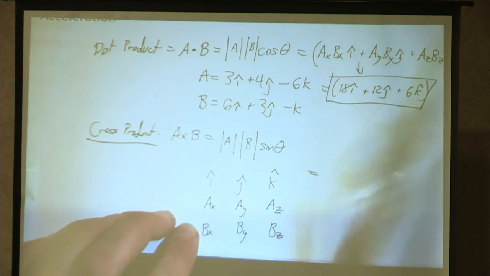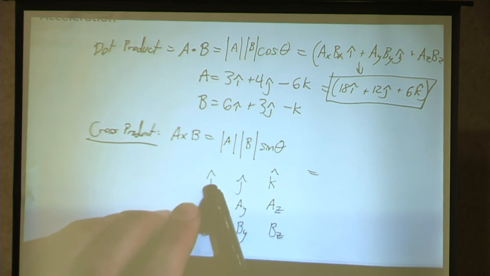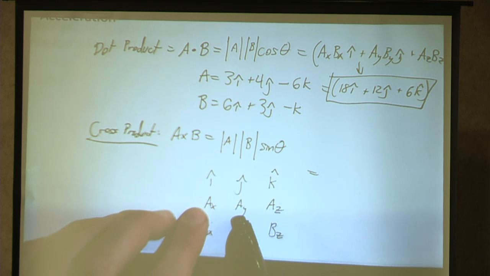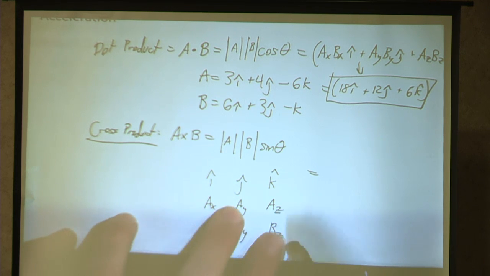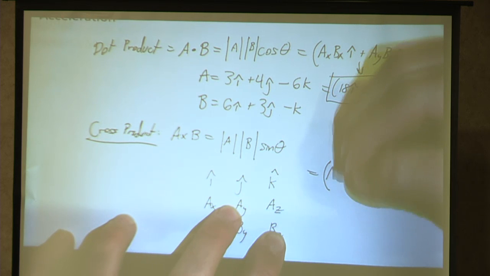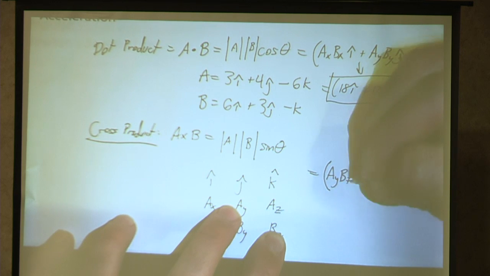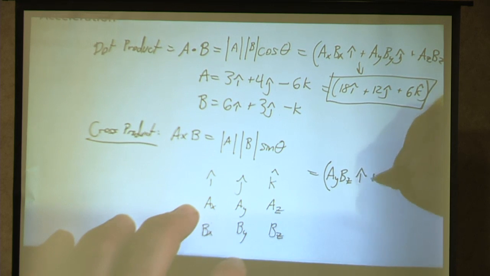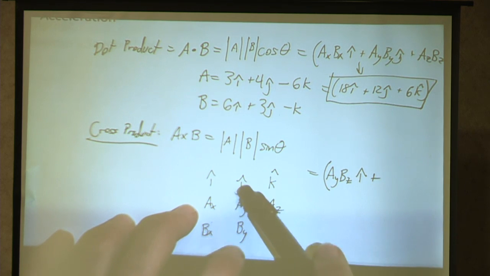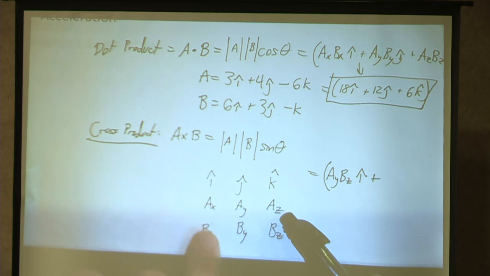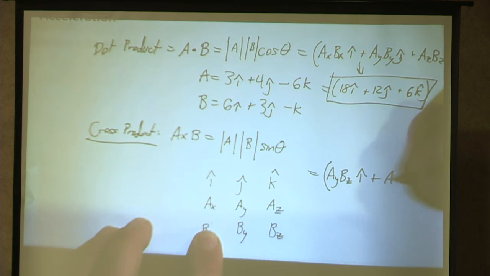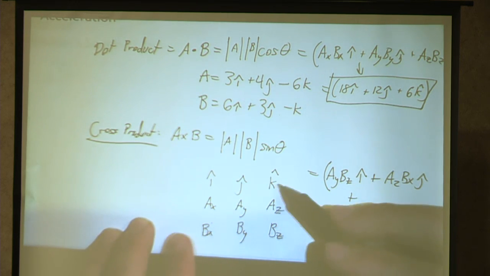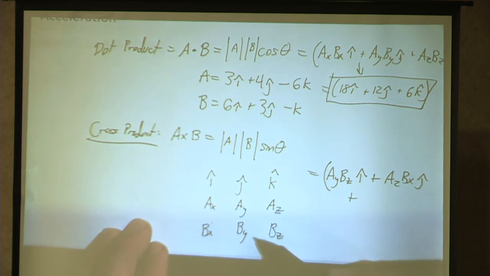So for I, you're going to go down this diagonal: AY times BZ, plus J, you're going to go diagonal, so AZ times BX, plus, for K, you just kind of move over to here, so AX BY.